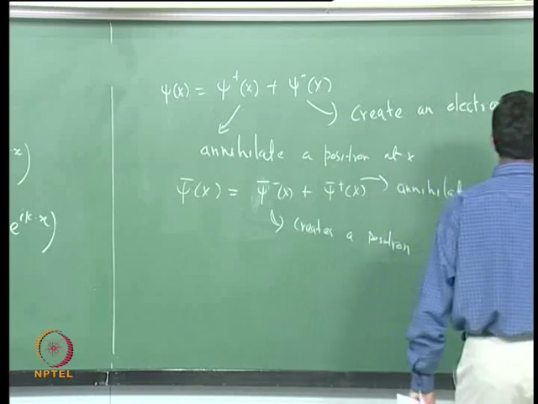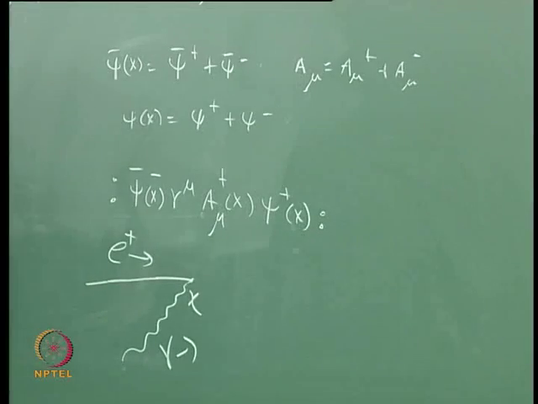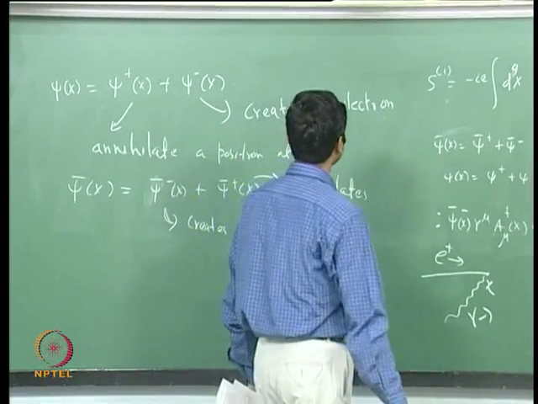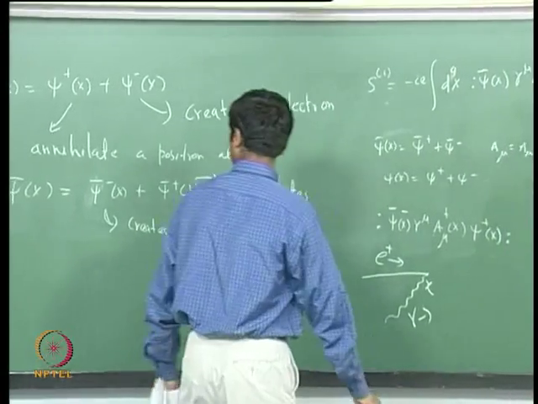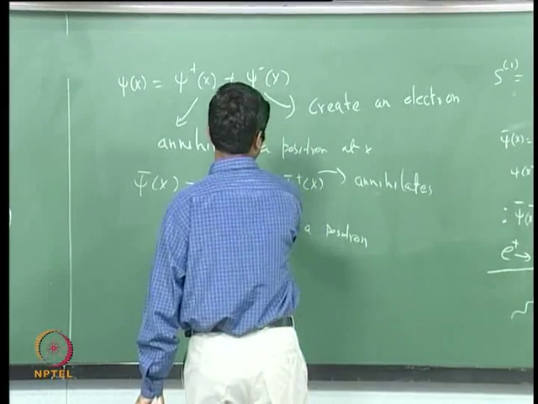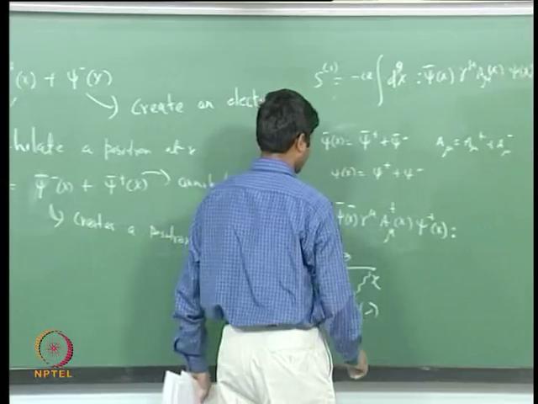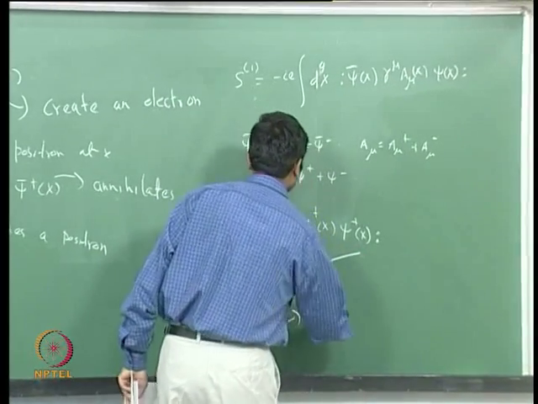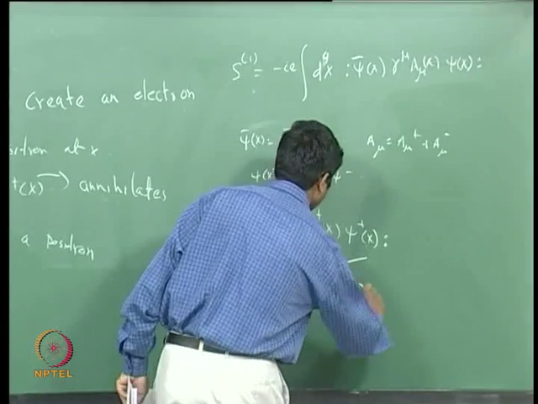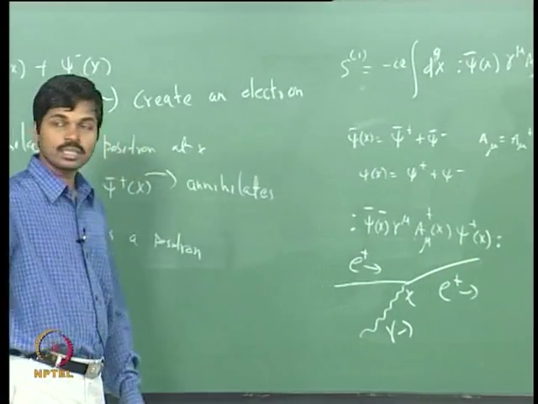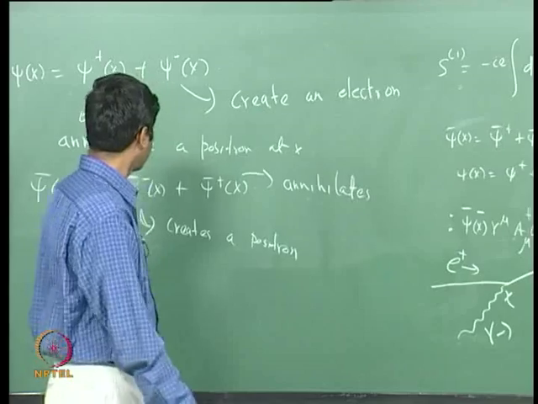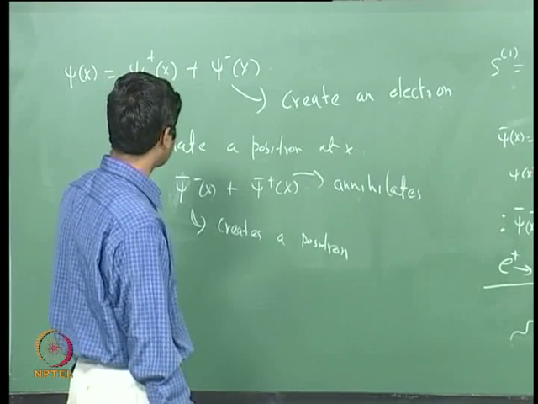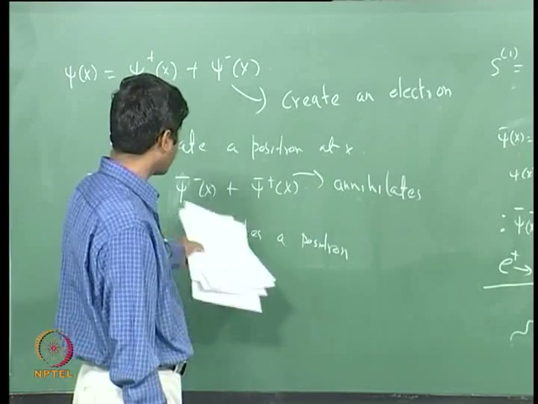Psi bar minus basically denotes creation of a positron. So, a positron is created again at this space time point x. So, psi plus is annihilation of a positron, psi bar minus is creation of a positron, good.